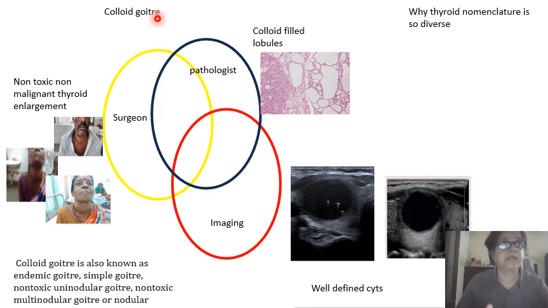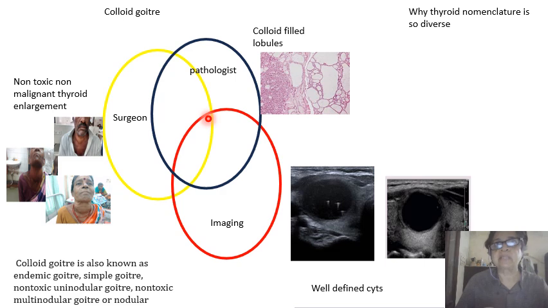What the colloid goiter is to a radiologist is different from what a colloid goiter is to the pathologist, and what a colloid goiter is to the surgeon or the endocrinologist. Only at a very small portion will all three overlap and talk on the same page. This is where the confusion starts.